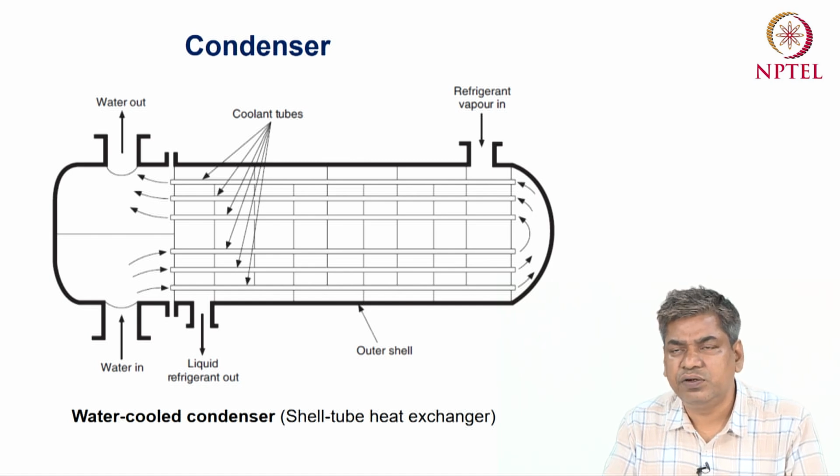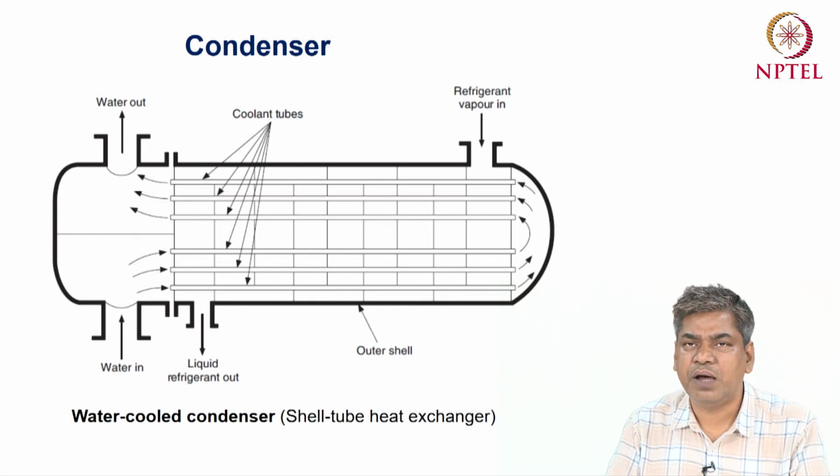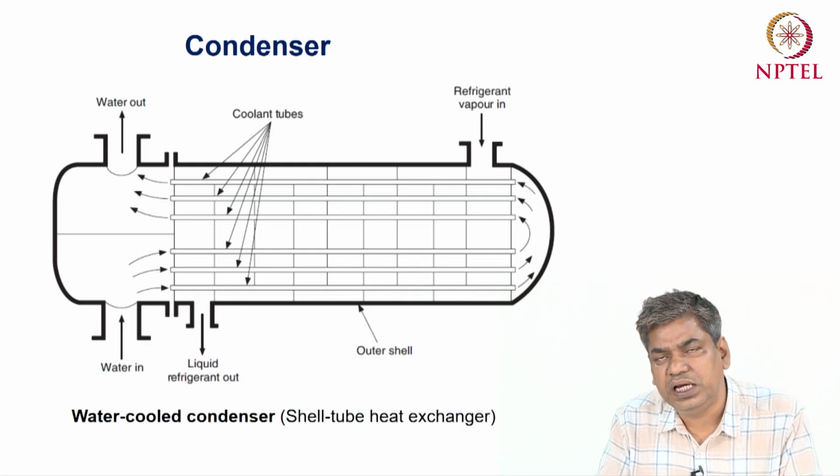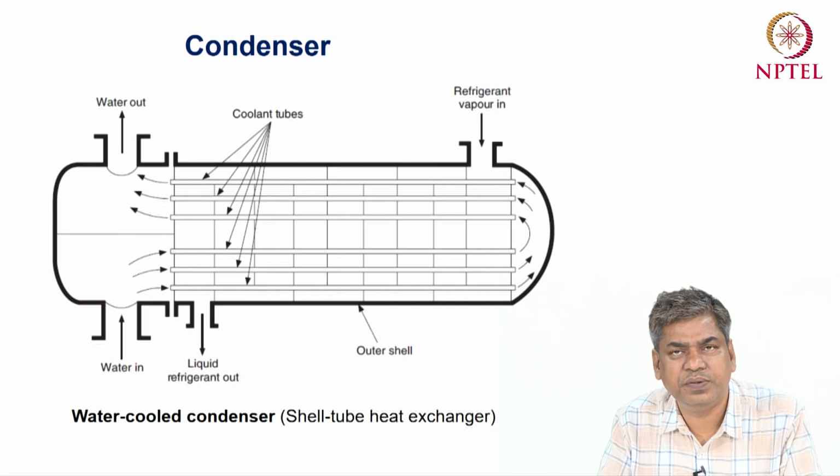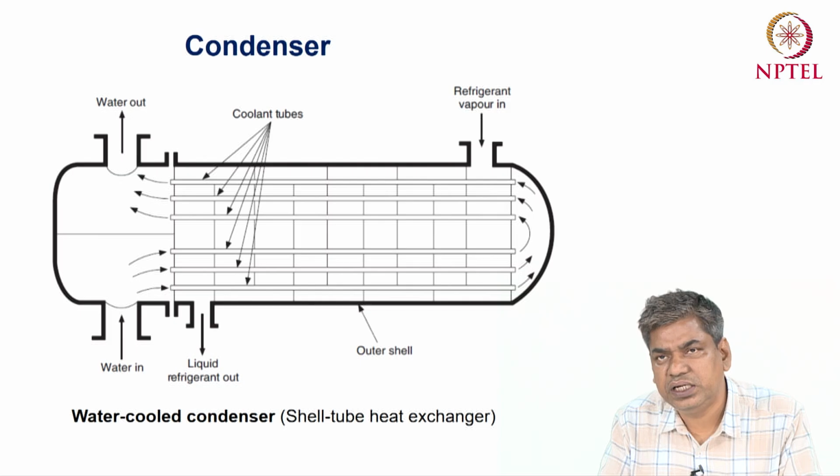The water flows inside the tubes to the right side of the figure, and then flows again through the other tubes in the upper half of this heat exchanger, and then to the upper left side of the heat exchanger, which is the outlet of the water. So water flows inside the tube and the refrigerant flows outside the tube.